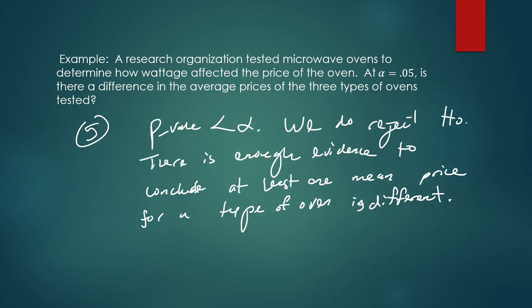Since the p-value is less than alpha, we do reject the null hypothesis. There is enough evidence to conclude at least one mean price for a type of oven is different.